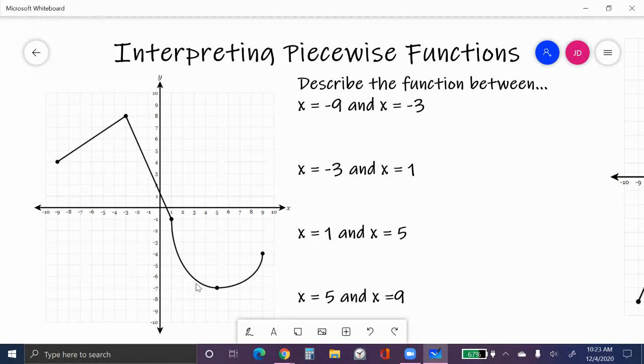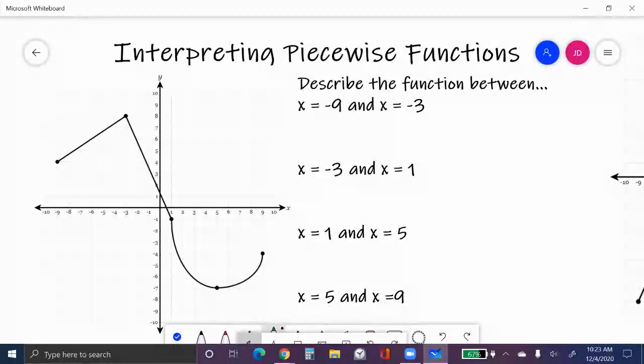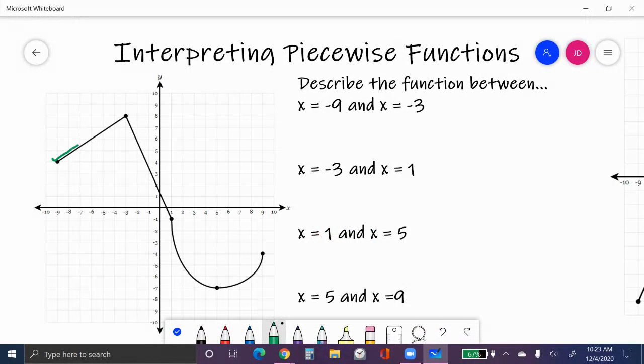Now, describing these, you have to look based on the horizontal axis. So we're going to describe the function between x is negative 9 and x is negative 3. Here's where x equals negative 9, and here's where x equals negative 3. So that's this portion right here that I'm going to highlight in green.